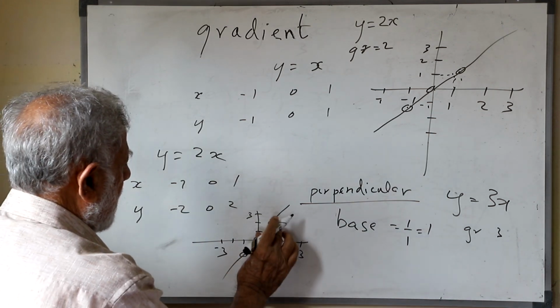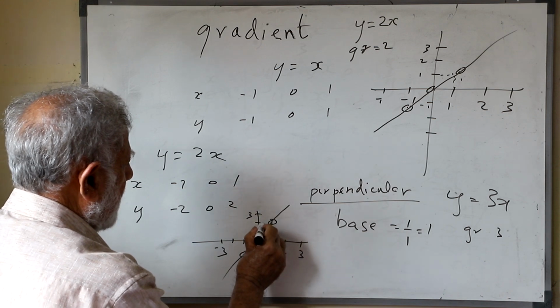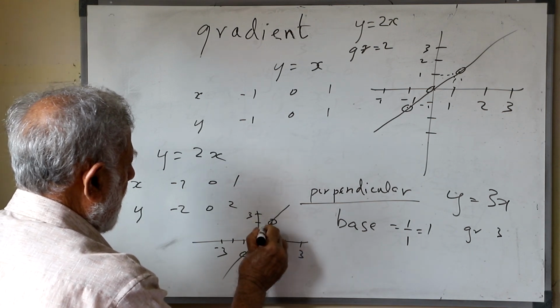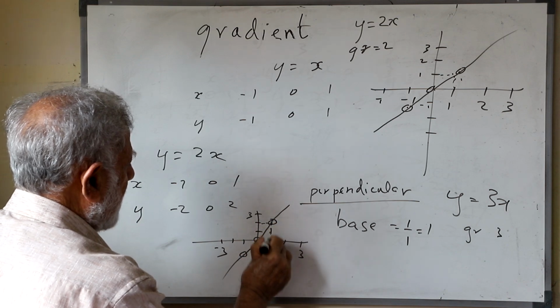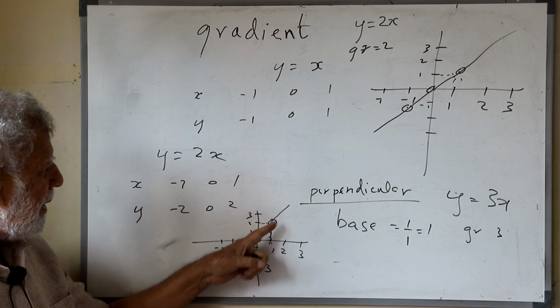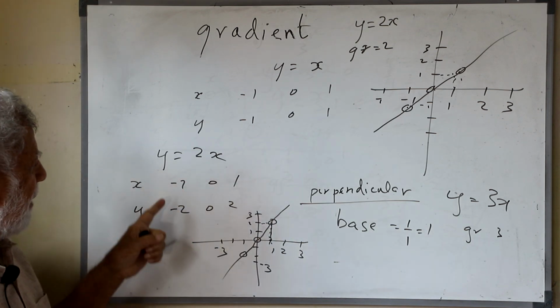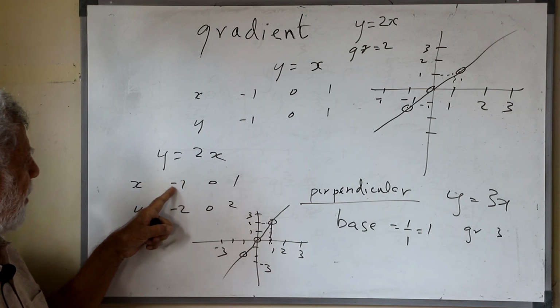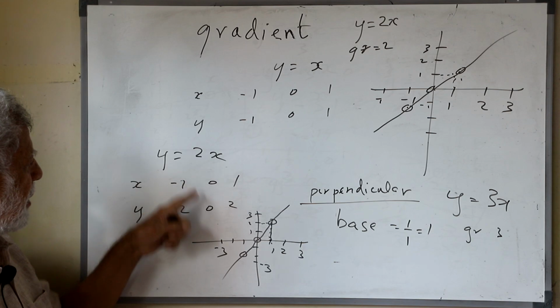We have to draw a line like this, draw a line like that. Now here we have drawn the graph of y equals 2x. We calculated points -1, 0, 1. So when x equals -1, y is -2. When x is 0, y is 0.